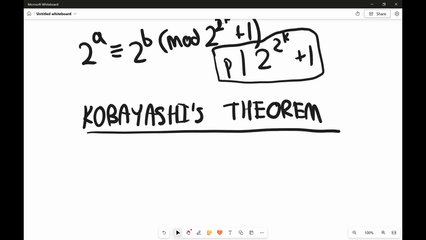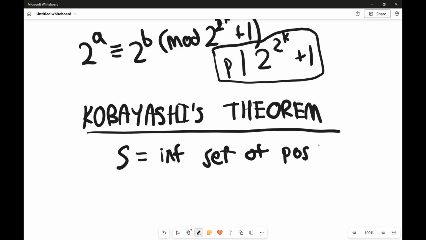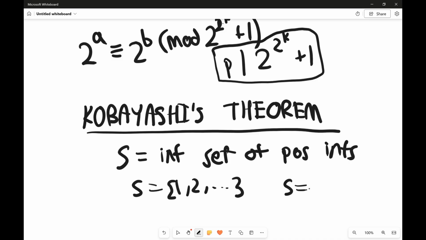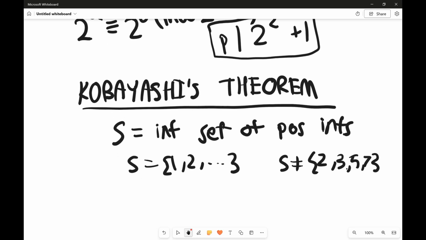So basically what it says is that if you have an infinite set S of positive integers, and finitely many primes p divide any element of S. For example, S could be the powers of 2, but S cannot be like the set of all prime numbers, because that has infinitely many prime divisors.